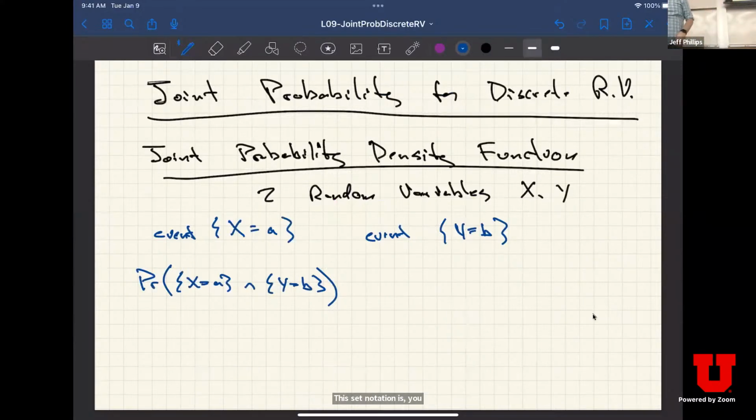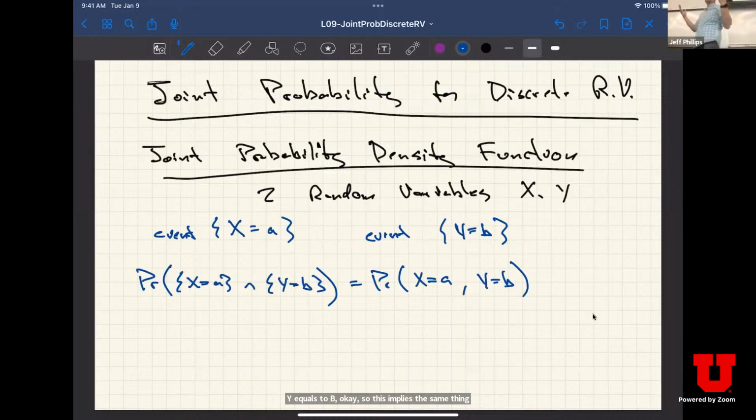So what's typical is to write this in a simpler way. So instead, we'll write the probability that X equals A, comma, Y equals B. Okay, so this implies the same thing here. This is just a simpler notation, which is the convention. And then we will write this as a probability density function as well.